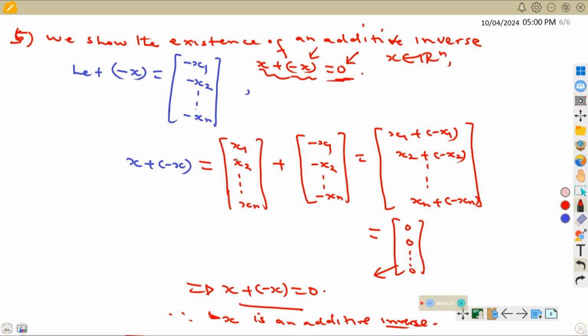So clearly we have seen that when you let negative of x to be this, it is when you will be able to get x plus negative of x equaling to 0. This is what we needed to prove, and clearly we have proved that this one here plus negative of x, you will get 0, of which 0 is our additive identity. So this will be proved as well.